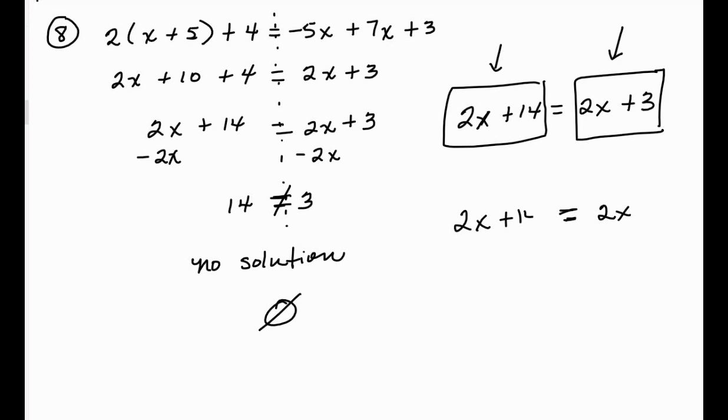And you add 14 over here, that's going to give me the same result as adding 3 over here. Right? So adding 14 to one side of my scale or balance and adding 3 to the other side of the balance, they're not going to be balanced anymore. So I can see that this is never going to be true, so my answer is no solution.